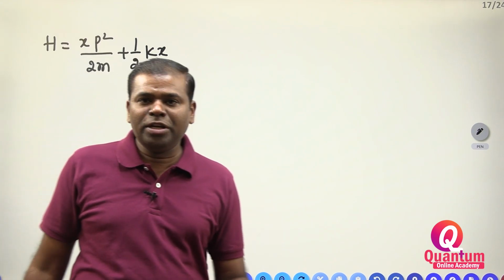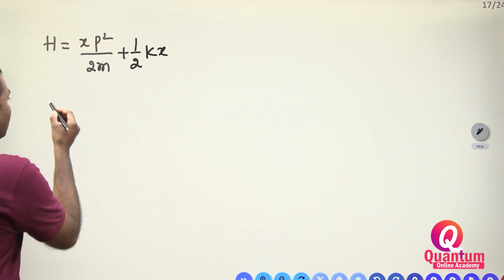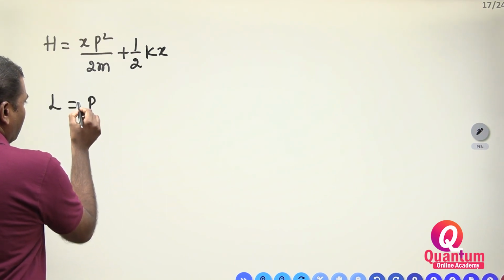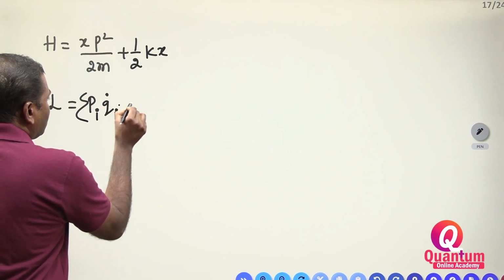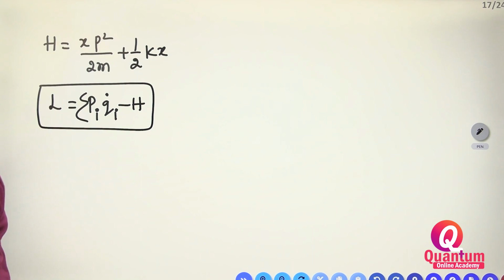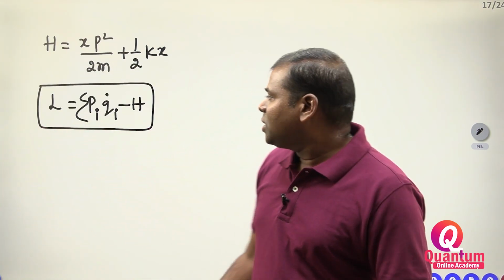This is a Hamiltonian. To calculate the Lagrangian, how we have to calculate the Lagrangian? L is equal to summation of Pi into Qi dot minus H. So this is the Lagrangian from the Hamiltonian, right?